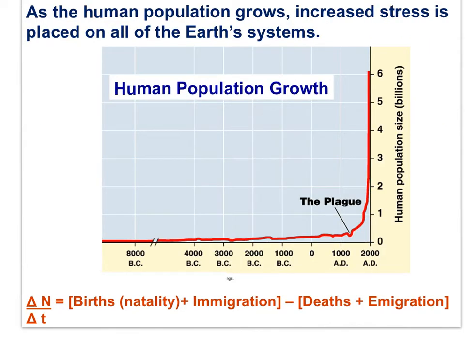In this graph of human population growth, the time scale on the x-axis is expanded over a wide range of time, a scale that emphasizes the dramatic nature of our recent exponential growth. Humans, unlike other species in nature, have been able to increase their food supply using fertilizers and irrigation techniques and hybrid seeds.